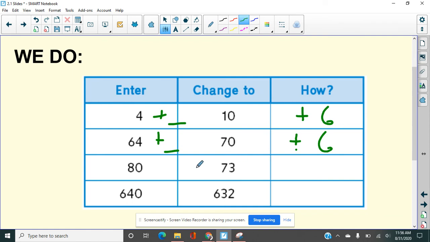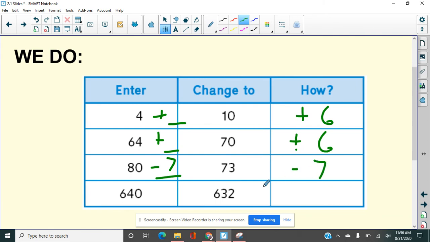All right, now let's subtract. If you start at 80 and you wanted to get down to 73, what would it be? We're getting smaller, so subtracting. Well, let's see. I know that 3 plus 7 equals a group of 10. So I'm going to subtract 7. So how did I do that?